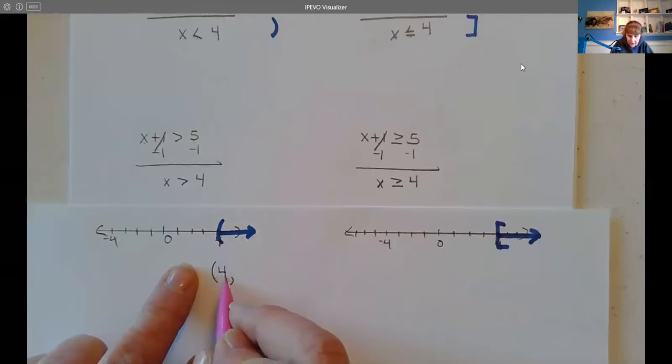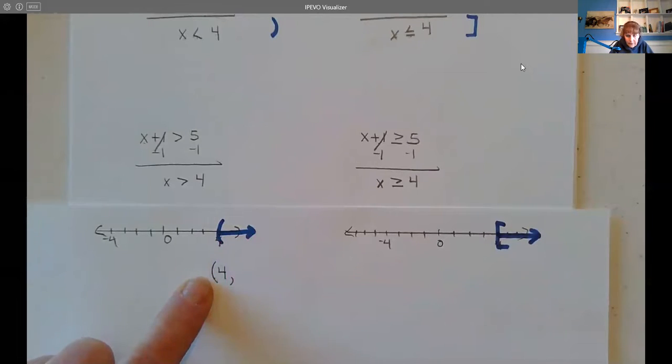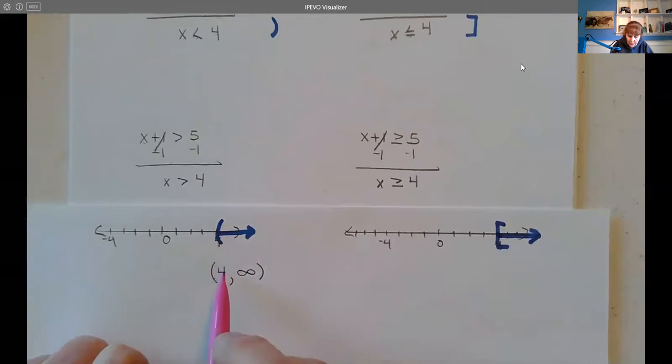That means the 4 is not included. And we're going to go to the right forever. And forever in math is represented with infinity. So this means we're going to go from 4 to infinity. Any answer between 4 and infinity will work, not including the 4.